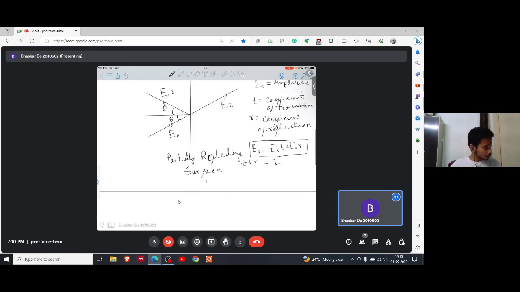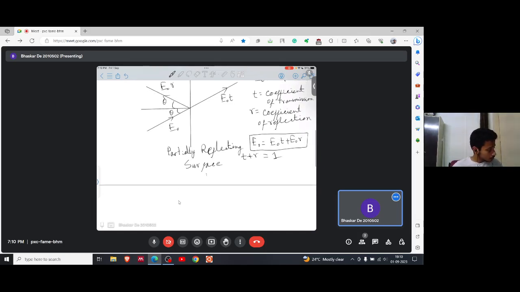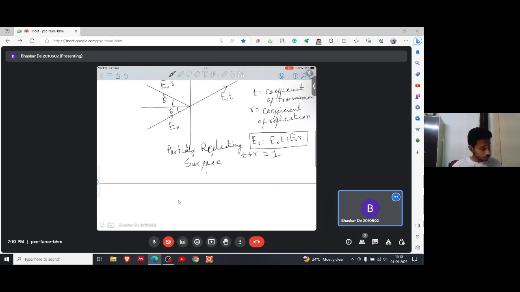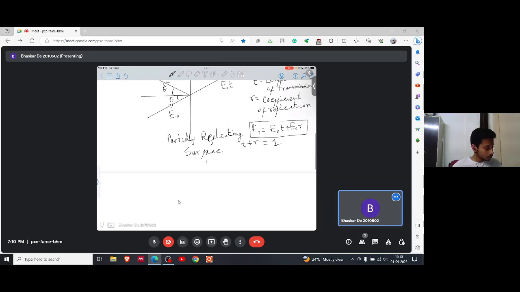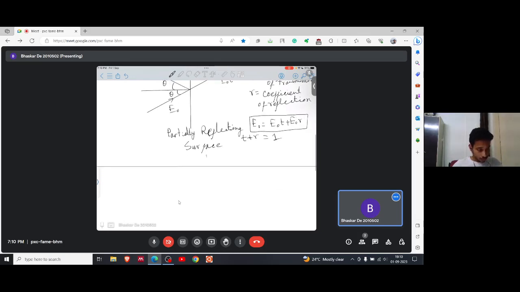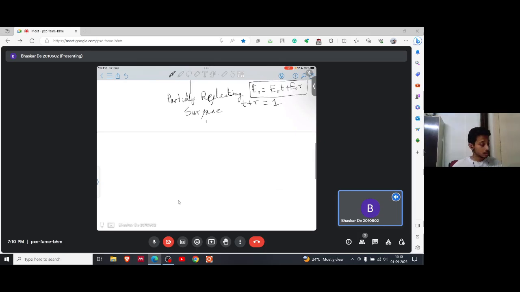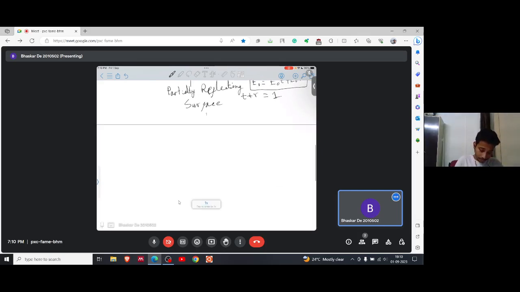Okay, as we are discussing modes, these are time independent standing waves.